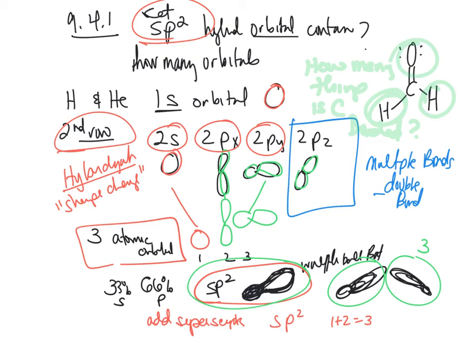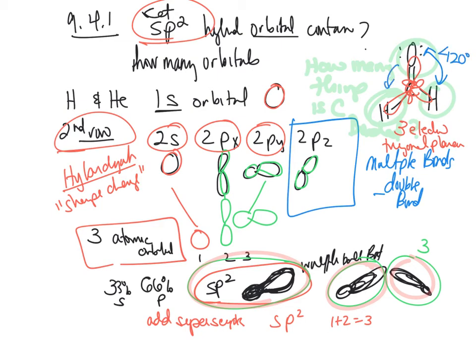And so if you have 3, then you need these hybridized orbitals. And they would be a shape like that. 1, 2, 3. And you know if there's 3 electron domain groups, and there's no lone pairs on this carbon, that is trigonal planar. And that means that each one of these groups are less than 120 degrees apart.